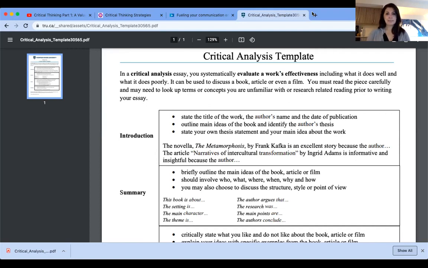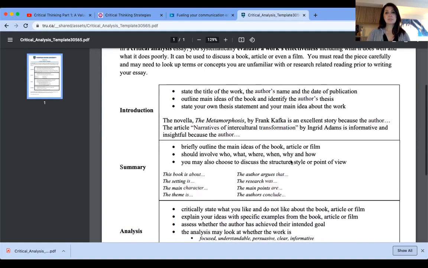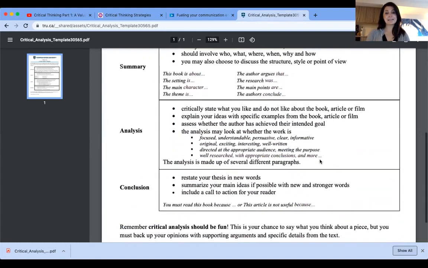In the critical analysis, you need to introduce the issue. Within the introduction, you need to have a clear understanding of what seems to be the problem. After you did it with your group members, you need to summarize the problem. After you summarize the problem, within your group, you need to try to analyze the issue.